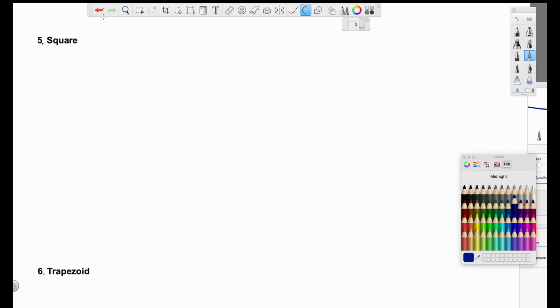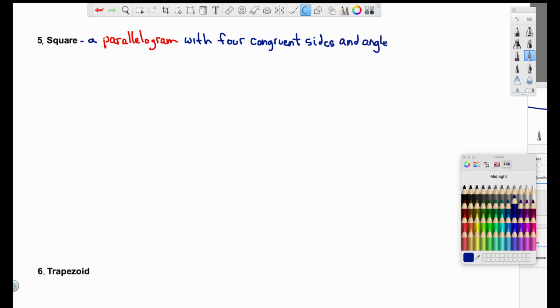Okay, square is interesting because it's going to inherit all the properties of a parallelogram, rectangle, and rhombus. It's a parallelogram with 4 congruent sides and angles.